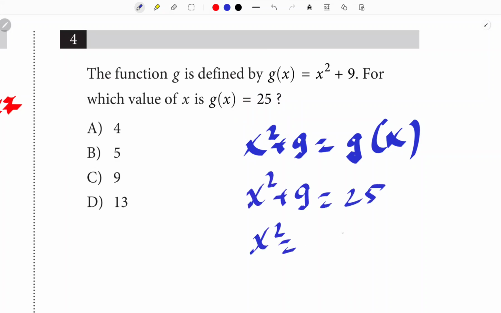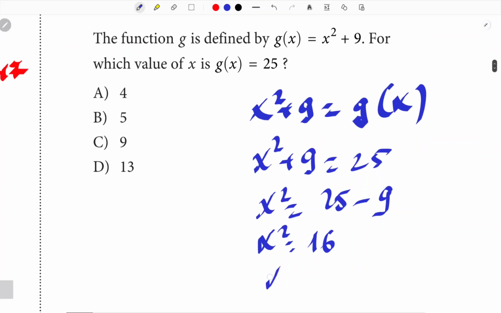So x squared is equal to 25 minus 9, moving 9 to the other side. So x squared is equal to 16. x is equal to positive 4 and negative 4. We see in the answers only positive 4. That's why A.